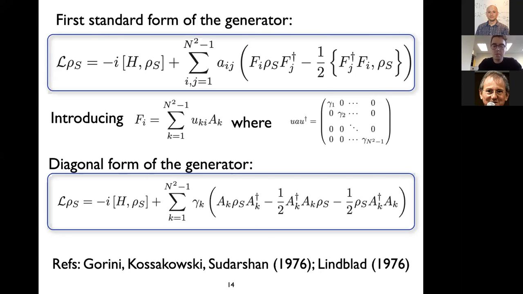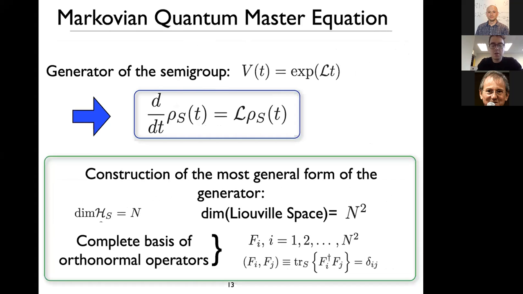Just to summarize what we've shown, I should go back to this slide quickly. We have a dynamical equation for our reduced density matrix rho_S, which can be written in this form under the assumption that our dynamical map forms a dynamical semigroup.